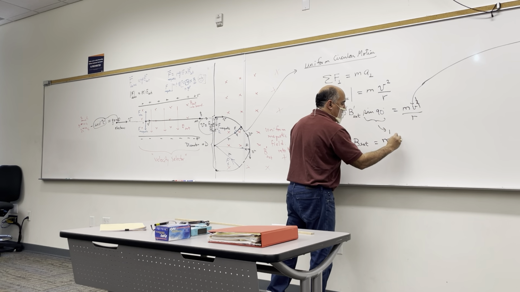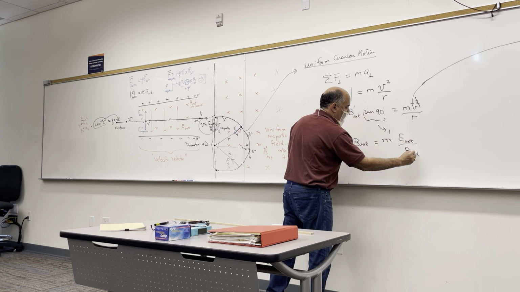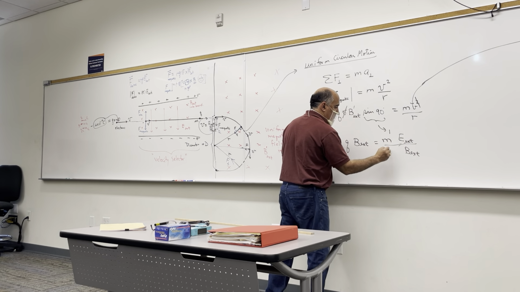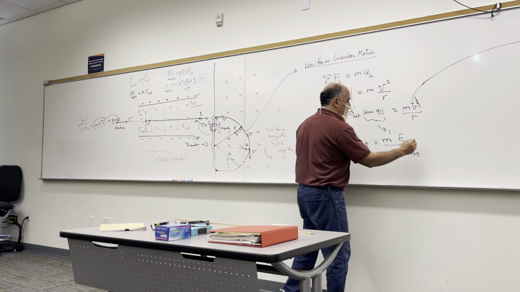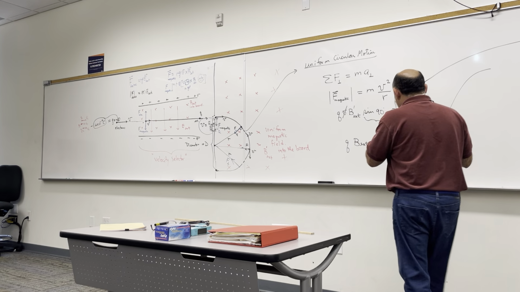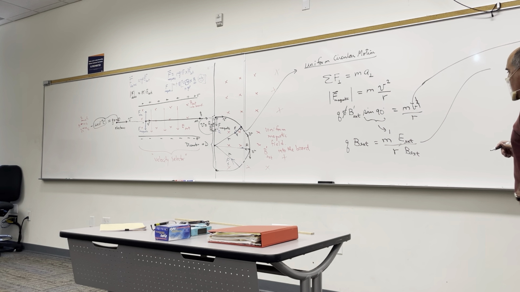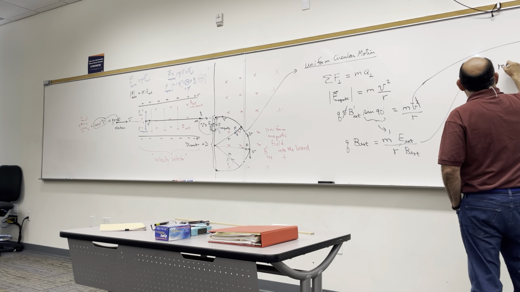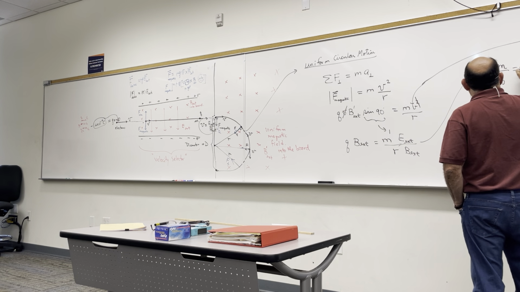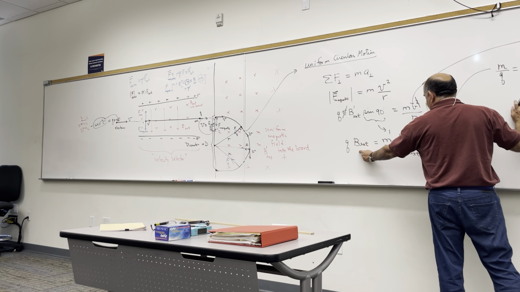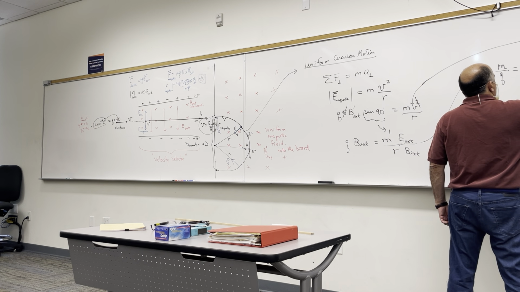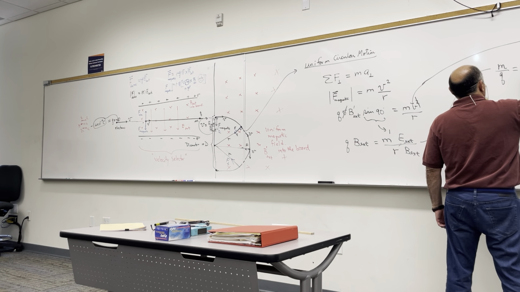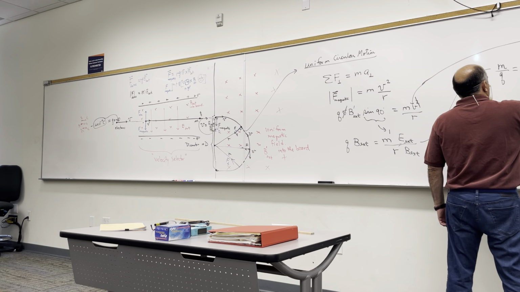And then that speed is E external over the other magnetic field, the one without the prime, B external. So notice that I can measure the mass divided by the charge. That would be r times B external.